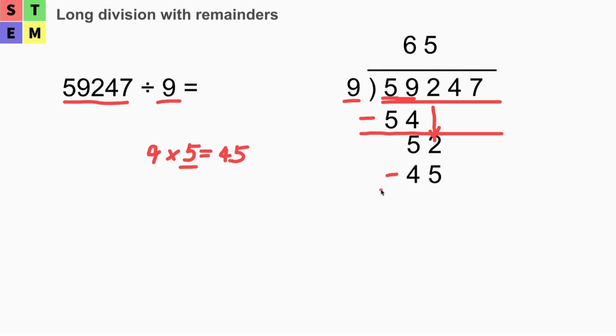Let's do the subtraction here. We got 52 minus 45 equals 7. And the number 4 goes down there. So we'll have 74. How many 9s this time? It's not 5, it's not 6. So 6 is too small. We got 54, so 74, right?